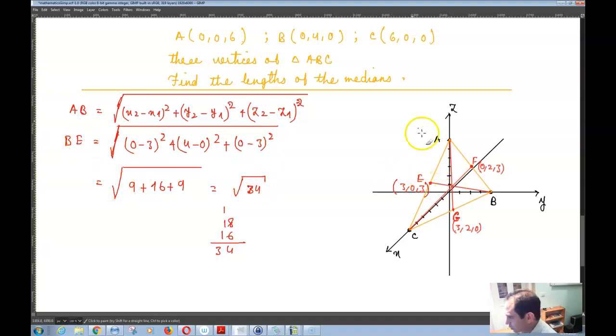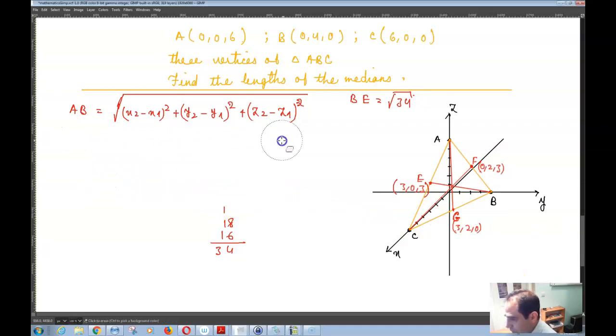So BE is equal to the square root of 34. That is one distance that we were looking for.